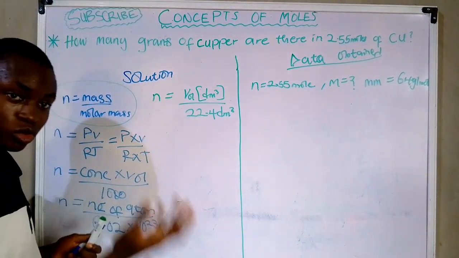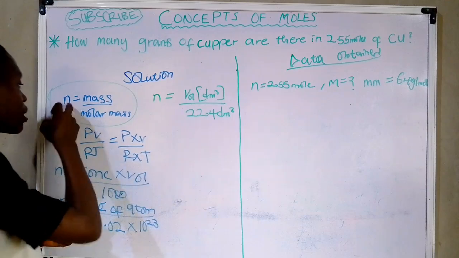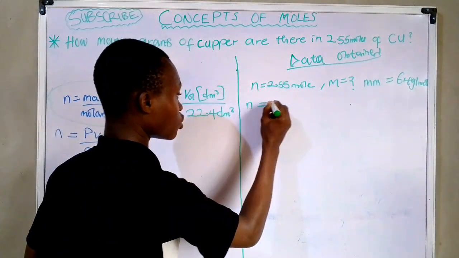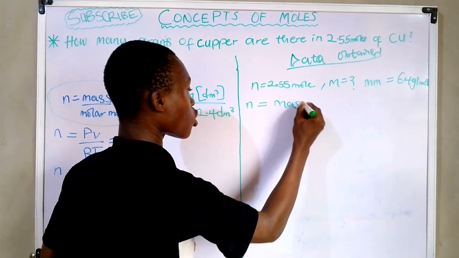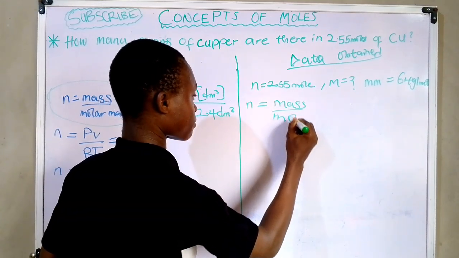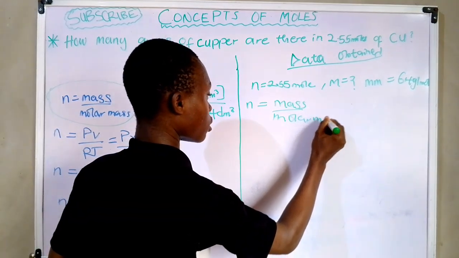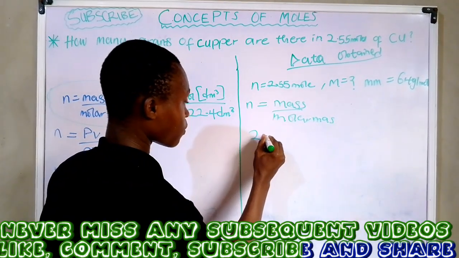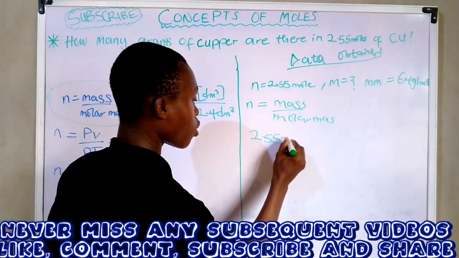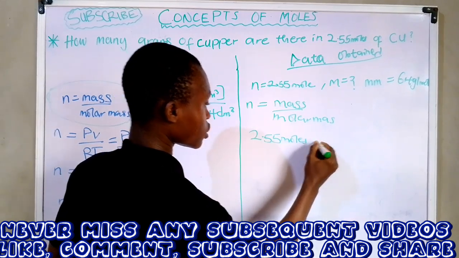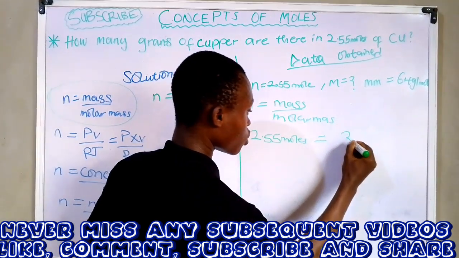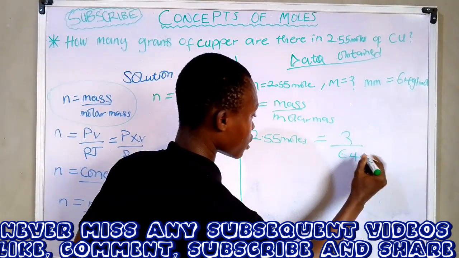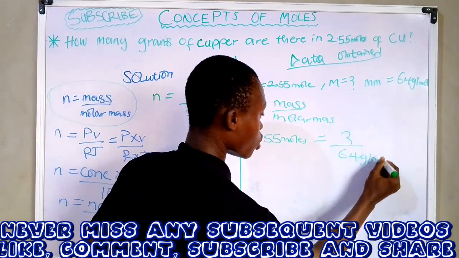We are also going to use the first formula, number of moles is equal to mass over molar mass. So number of moles is 2.55 moles, equal to mass, which is unknown, over molar mass, which is 64 grams per mole.